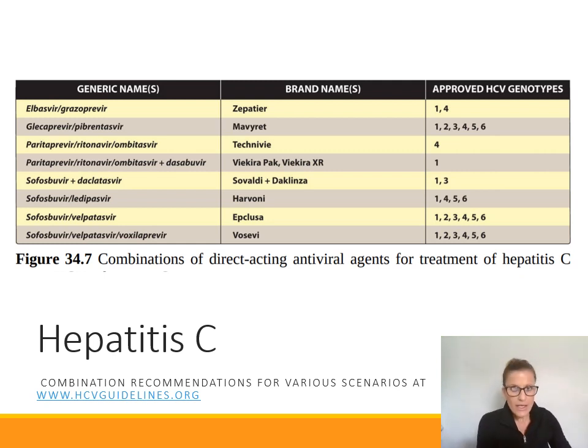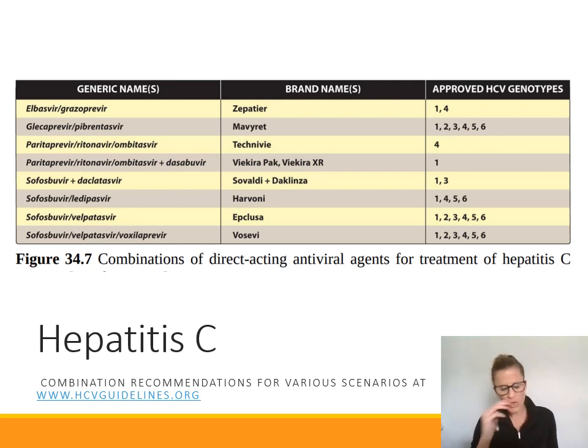Hepatitis C preferred treatment is a combination of drugs that we call direct-acting antivirals. So there are numerous different types of DAAs, or direct-acting antivirals, and we choose a combination of different drugs. Now we want to pick different drugs that target a different part of the HCV life cycle.